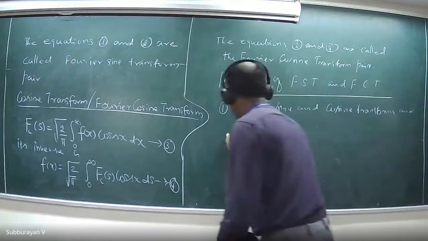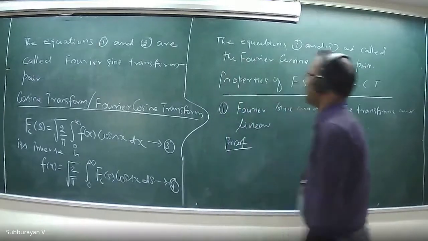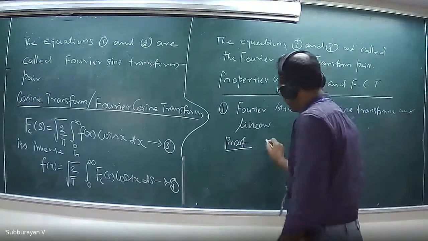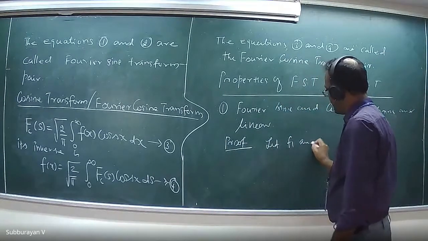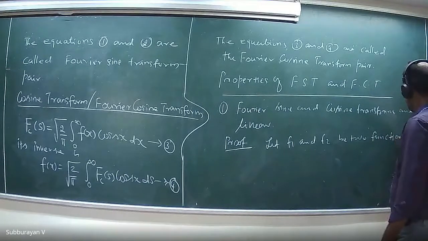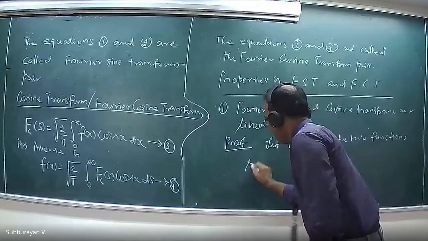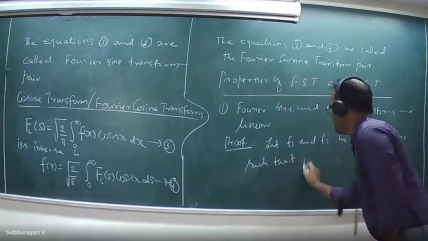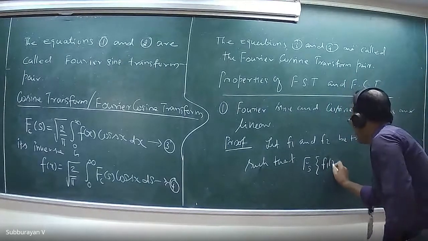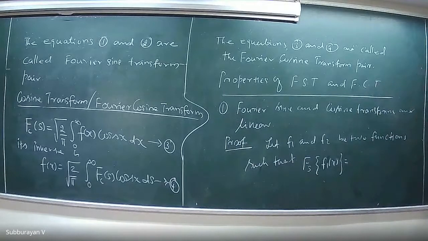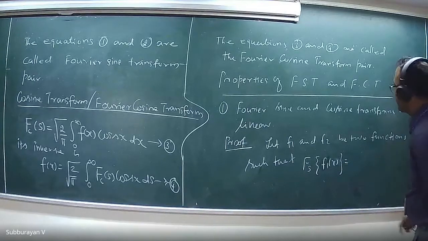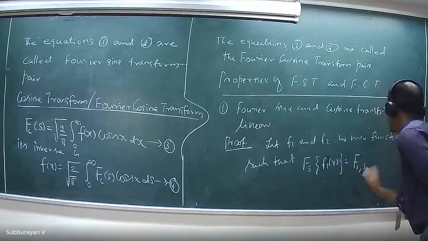Proof. Okay, let f1 and f2 be two functions such that the Fourier sine transform of f1 of x, which I rewrite as f1 comma s of s.